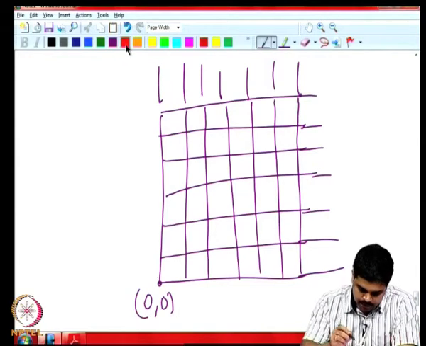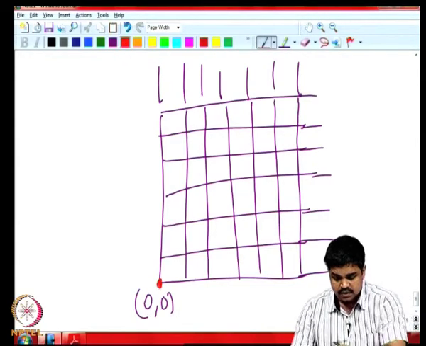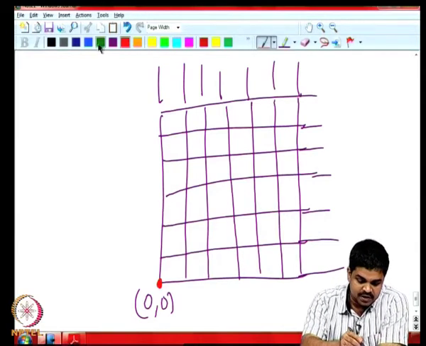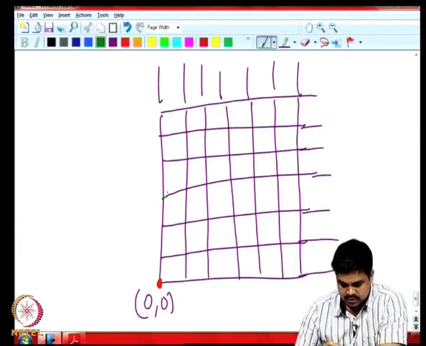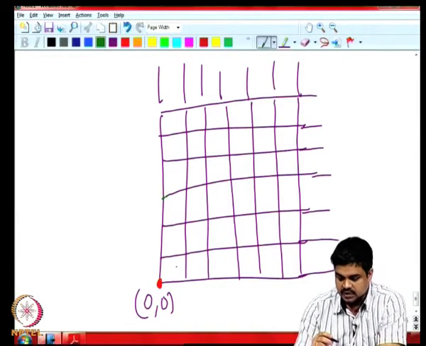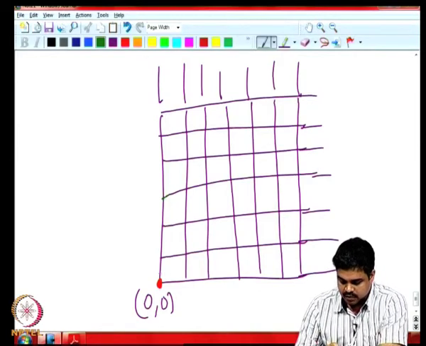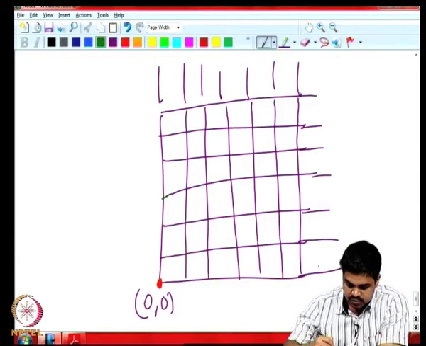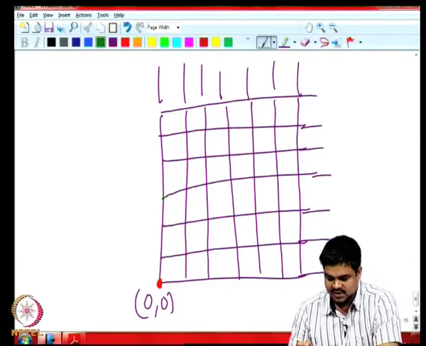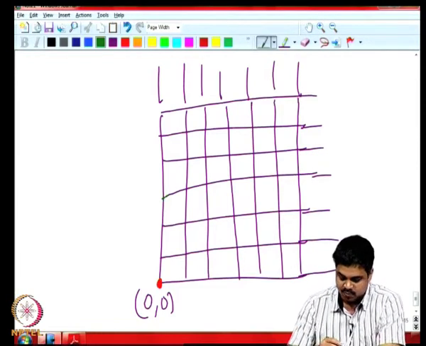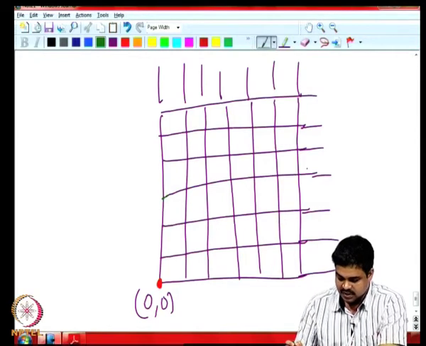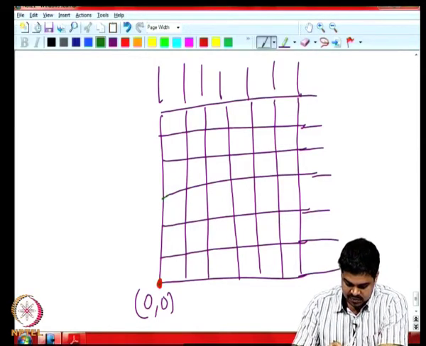And you can assume that this is some kind of collection of roads. These lines correspond to roads. Maybe when somebody created a new city, they modeled the city as a grid, like all the roads in the city form a grid. So, this is the 0, 0 point.